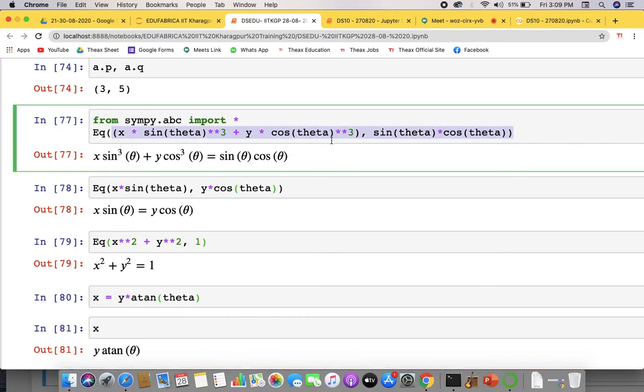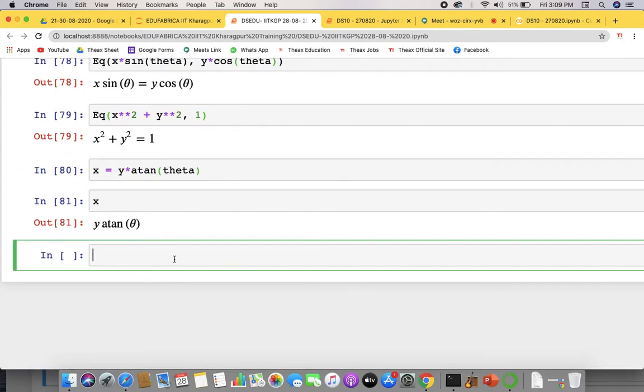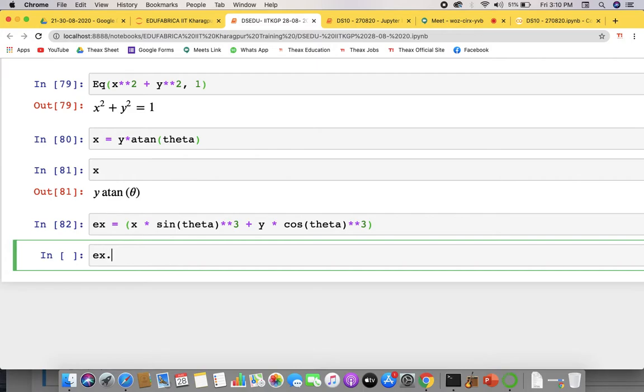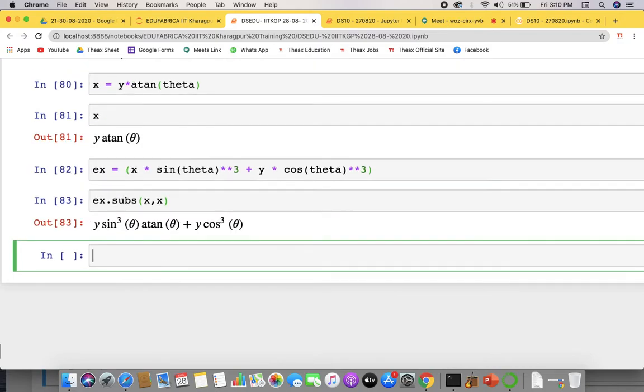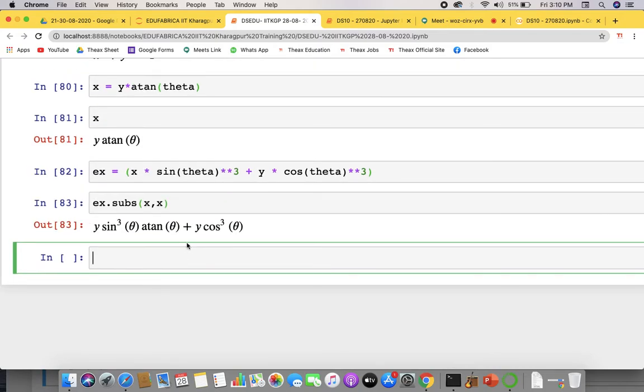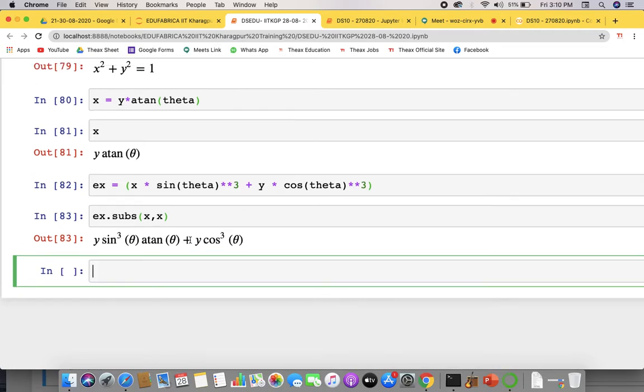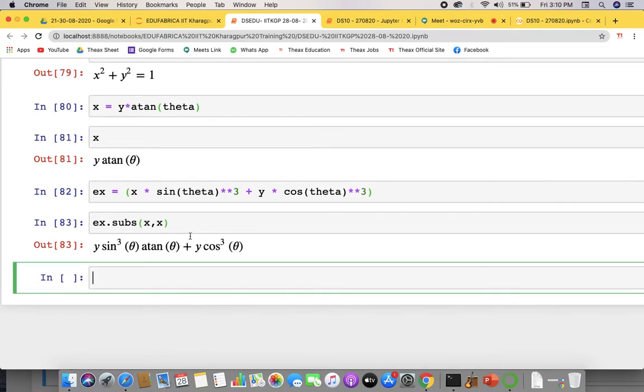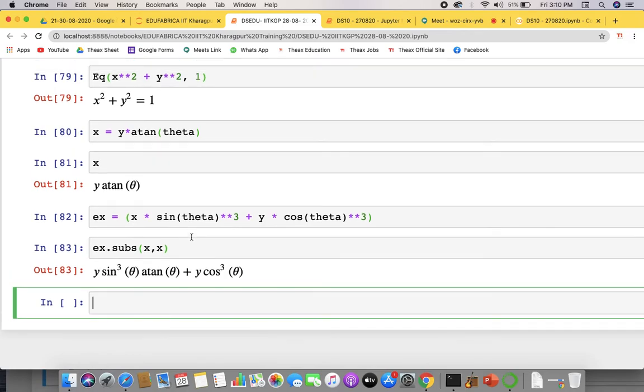If this is the expression and we substitute the value of x, we get y sine cube theta times cot theta plus y cos cube theta.